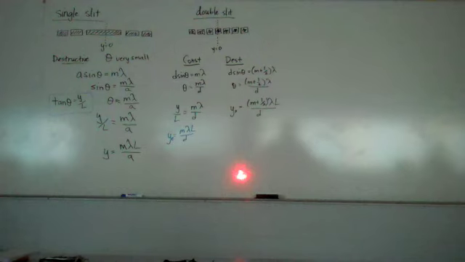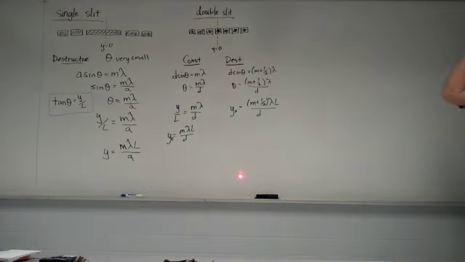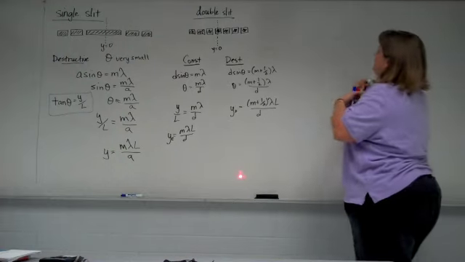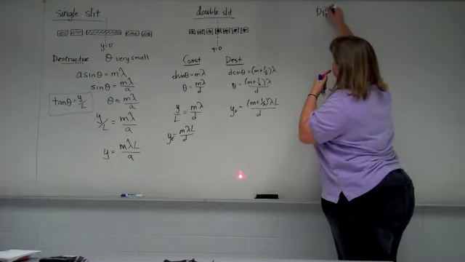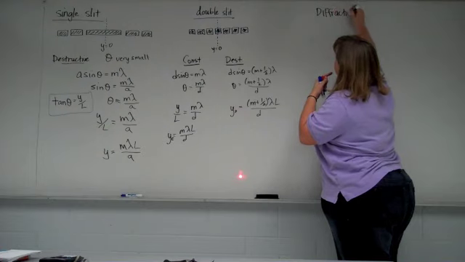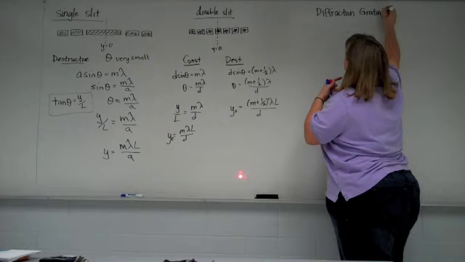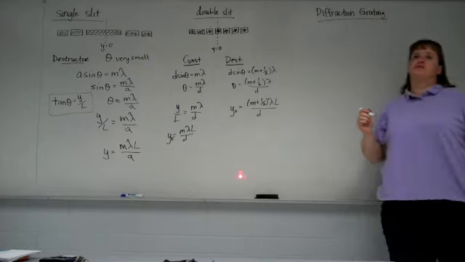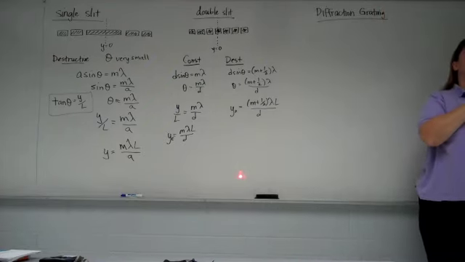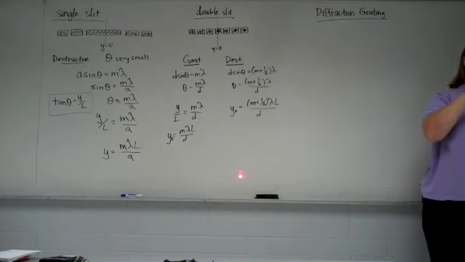So, a diffraction grating is what we're looking at. A diffraction grating is a whole bunch of lines, tons and tons of lines, all next to each other. When you have a whole bunch of lines for the light to shine through, the points of constructive interference become very distinct.